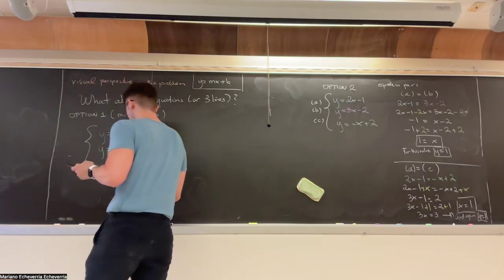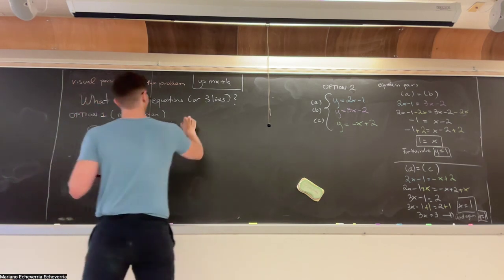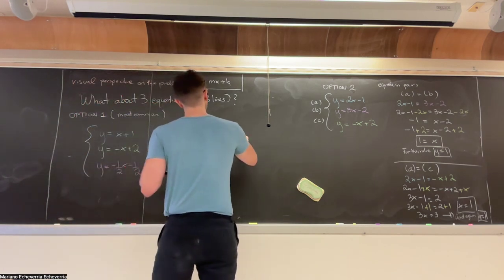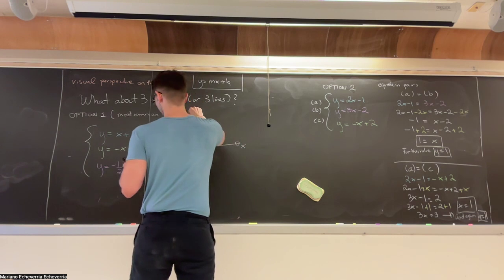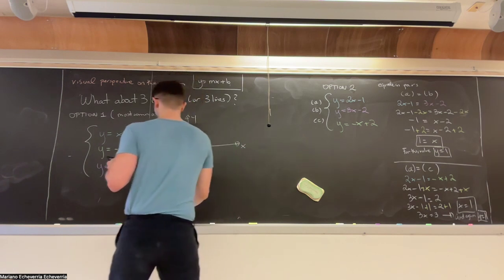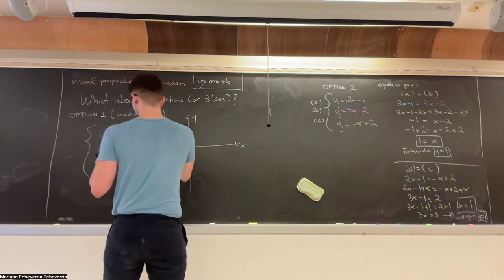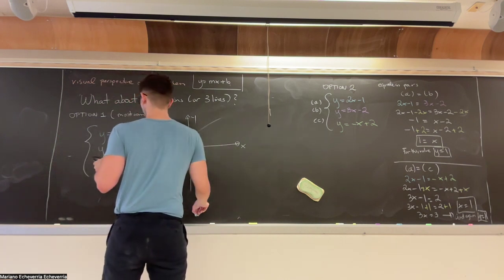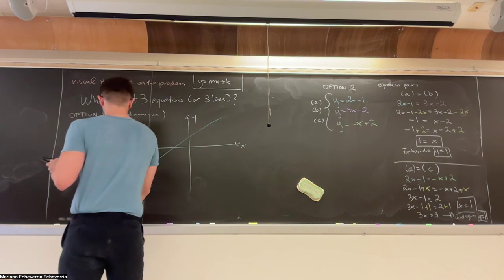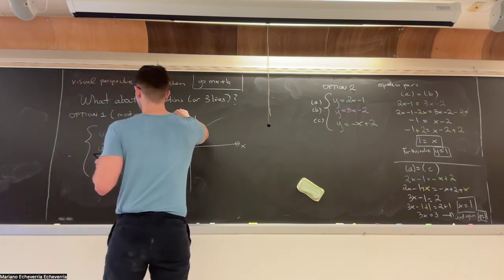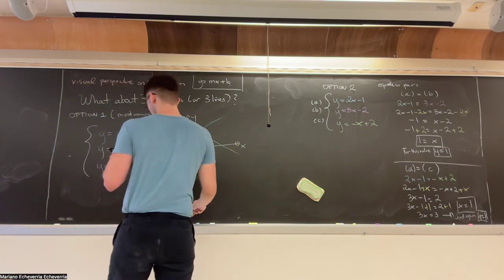If you were to do the picture, we'll see in a second what happens. The blue one passes through (0, 1) and it's increasing, so it looks like this. The green one passes through (0, 2) and is decreasing, so it looks like this.